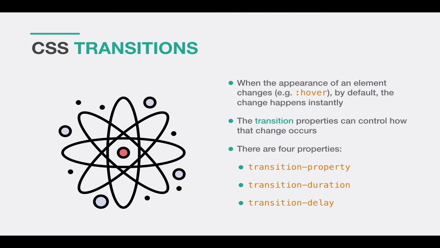This is how long to wait before the change begins. And then we have transition-timing-function. And this is probably the most confusing one, and we'll talk a little bit more about this on Thursday. But the timing function is the speed curve in which the transition occurs. So is it a linear change where it just gradually changes at the same speed all the way through, or is it fast at the beginning or slow at the end? Again, we'll talk more about that on Thursday.